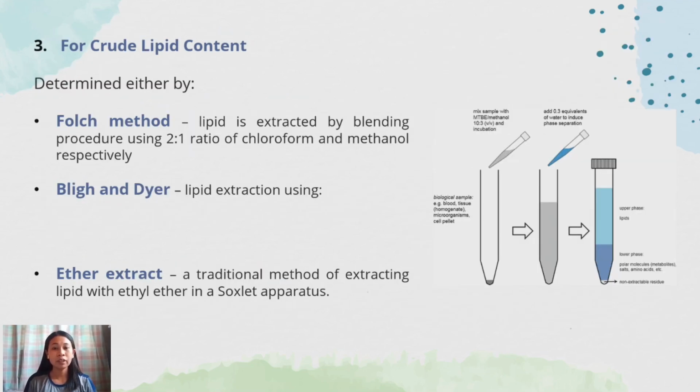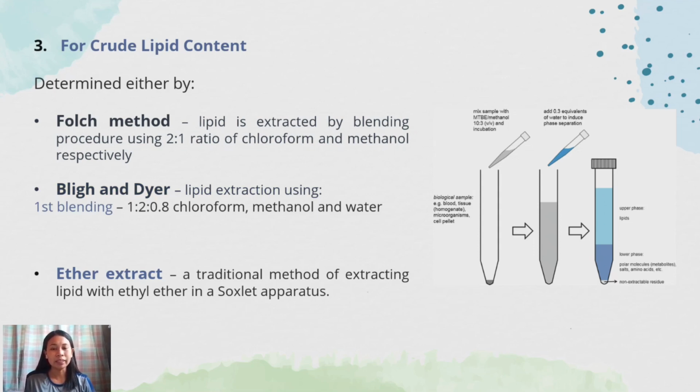Crude lipid content can be determined by the Folch method. Lipid is extracted by a blending procedure using a 2:1 ratio of chloroform and methanol respectively. For the Bligh and Dyer method, lipid extraction uses first blending 1:2 to 0.8 chloroform, methanol, and water.